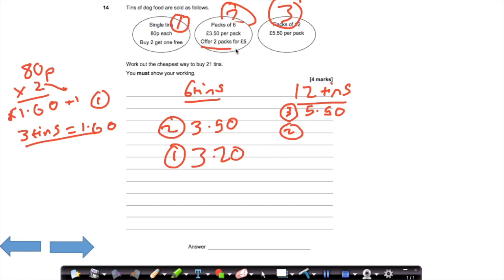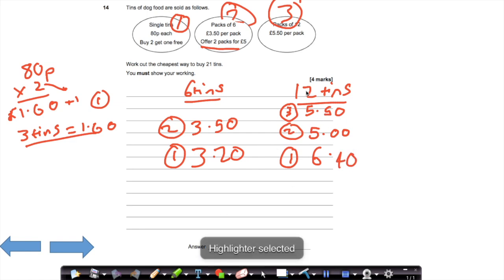However, the offer for 2 packs is £5. Therefore, for 2 lots of 6, which is 12 tins, £5. Number 1 carries on as the same offer, so we can just double £3.20 to make it £6.40. So clearly the cheapest way of getting 12 tins is using offer number 2, which costs us £5.